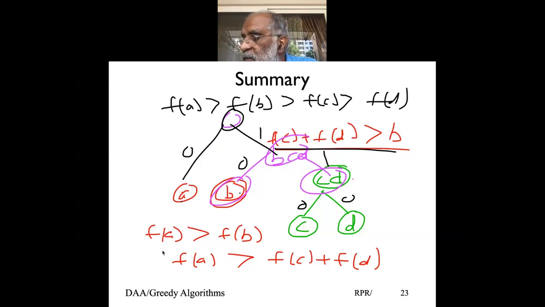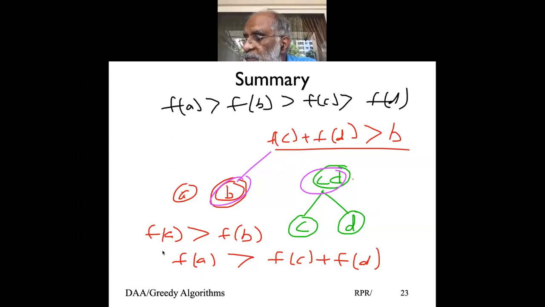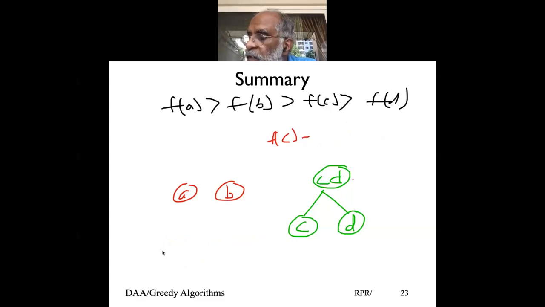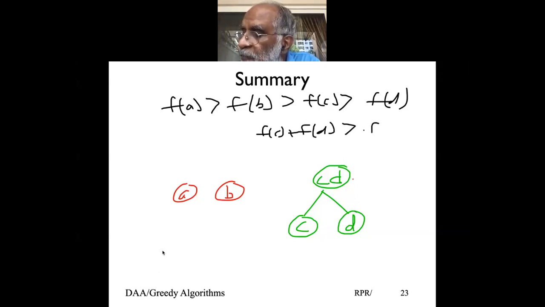Now look at another case. Let's look at the third option. Third option is FC plus FD is greater than FA.